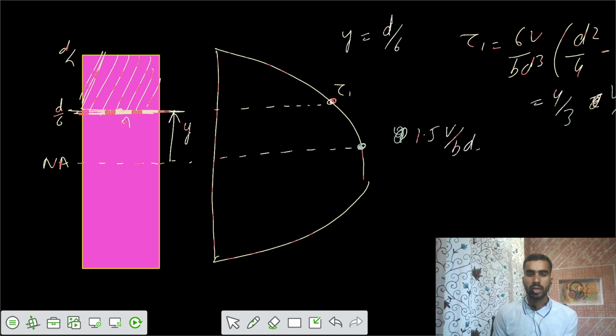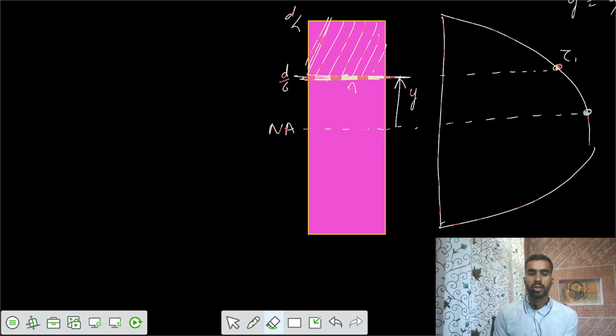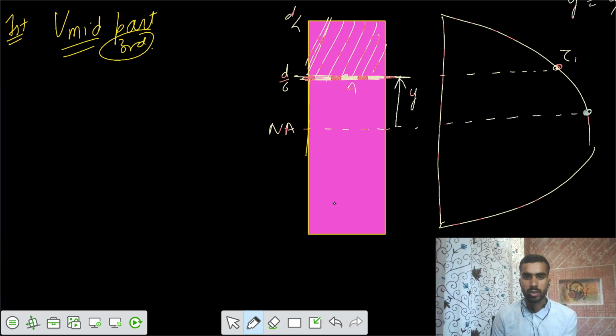Now I want to calculate first the shear force resisted by the mid third part. That area, if I calculate it first, I can calculate that.